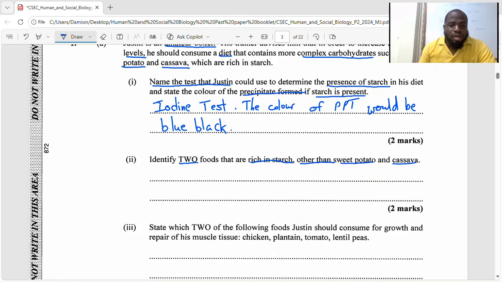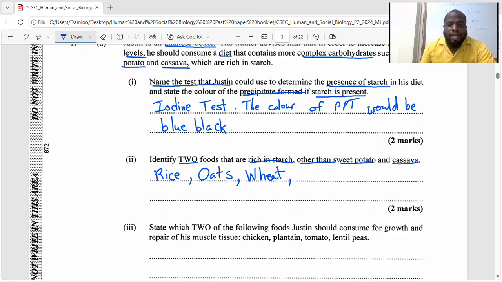So other than those, we know that we can consume rice. And even though the question might have asked us for 3, I may give a little bit more. Oats. We can do wheat, and for wheat we basically have wheat products, such as flour, things that are created from the wheat.